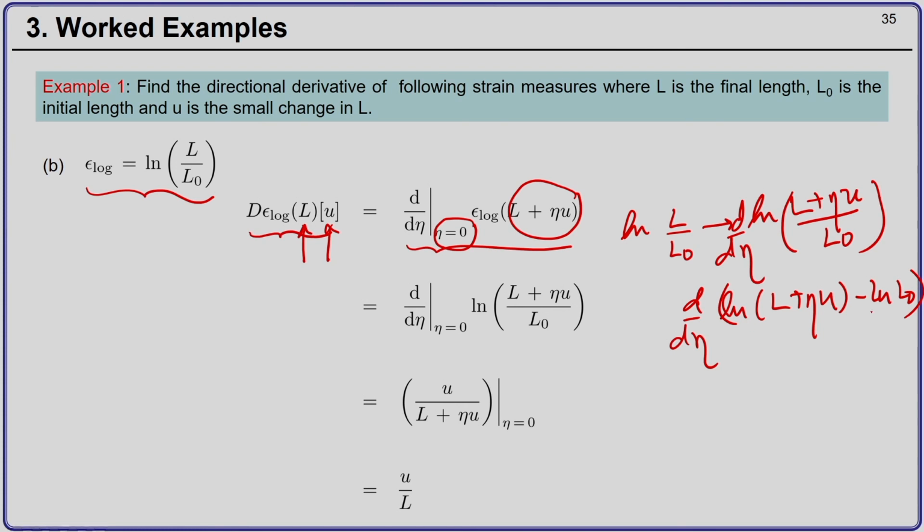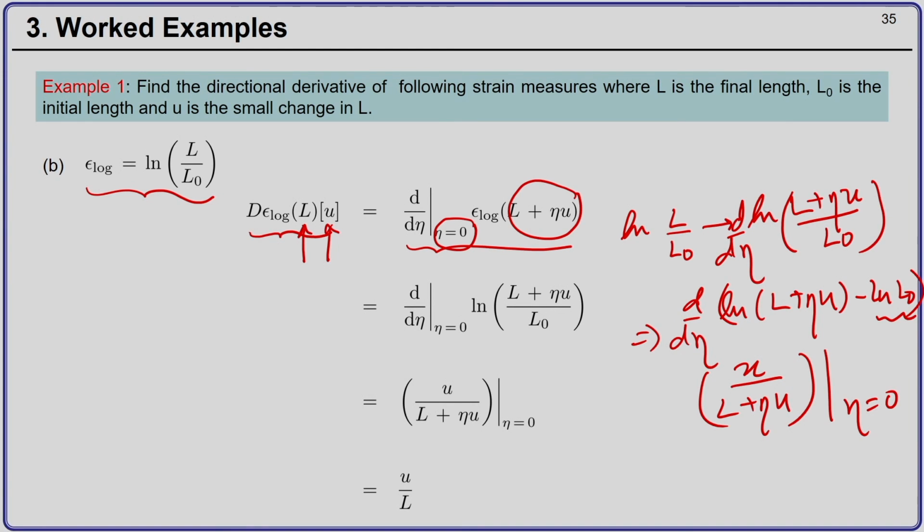The second term does not have any eta term, so it goes away, and the derivative of the first term will be u by L plus eta u, evaluated at eta equal to 0. Once you have taken the derivative with respect to eta, you substitute eta equal to 0. Remember, eta is only an instrument for carrying out the derivative.